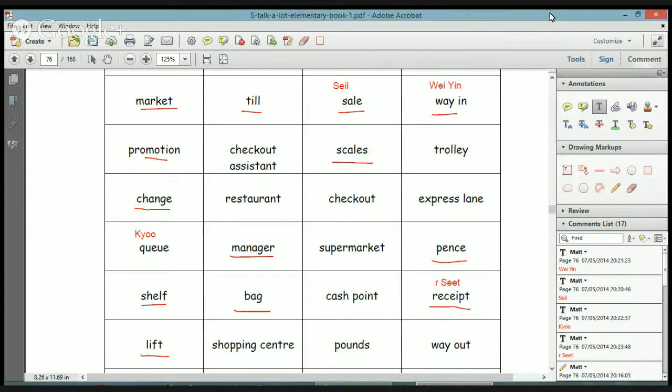So we looked at the word trolley and we said it has a suffix, EY suffix, trolley. So we don't pronounce EY as a long vowel sound because it's not stressed. Rather it's a short vowel sound, short E sound. Can you see any other words which have a suffix?